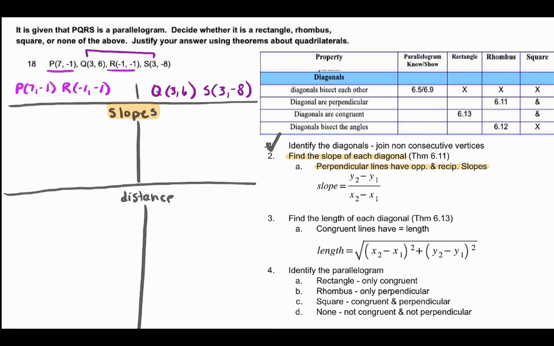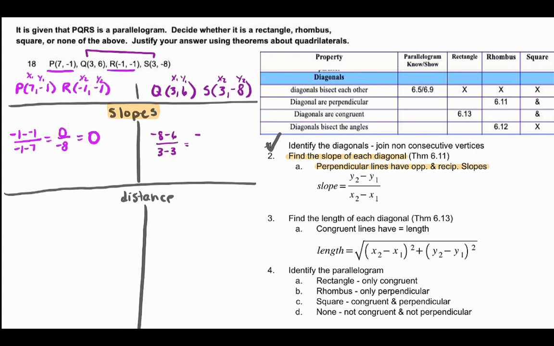So we're going to use our slopes to help us with this first part. If we identify our x1, y1, and x2, y2, and calculate the slope, this one is going to be negative 1 minus negative 1 over negative 1 minus 7. So this is 0 over negative 8, and 0 on the top is a 0. For the other diagonal, this is going to be negative 8 minus 6 over 3 minus 3.